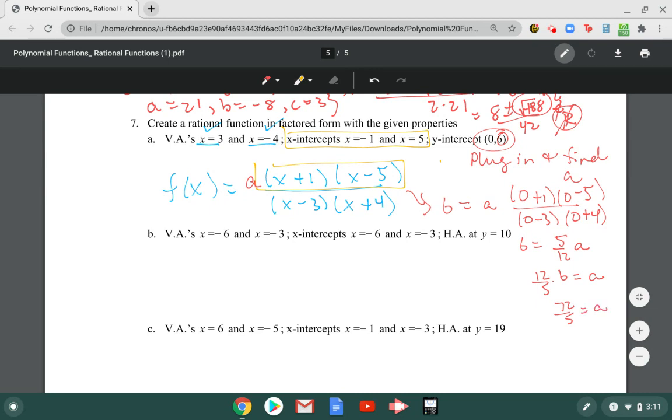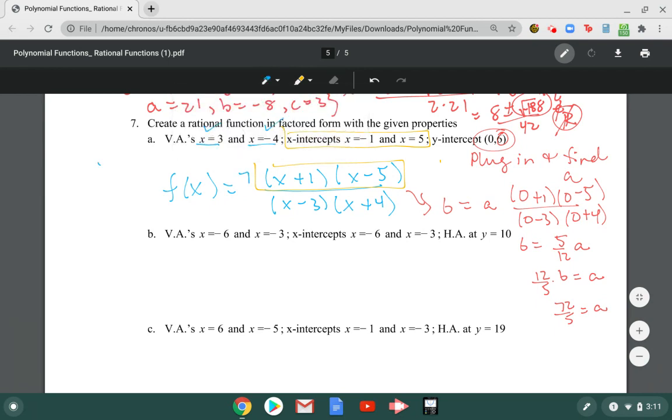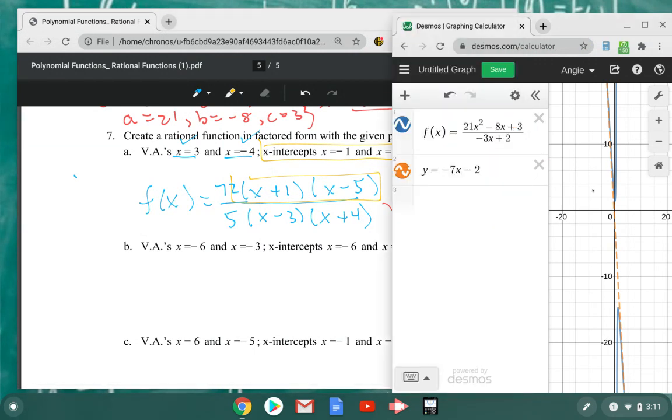So out in front, instead of that a, we want a 72/5. I would never have guessed that. So to finish this off, I'll put this in blue. We can write this as a 72 in the numerator and a 5 in the denominator. That's one worth checking. So let's go ahead and put this one into Desmos and make sure we get the properties that we were expecting.